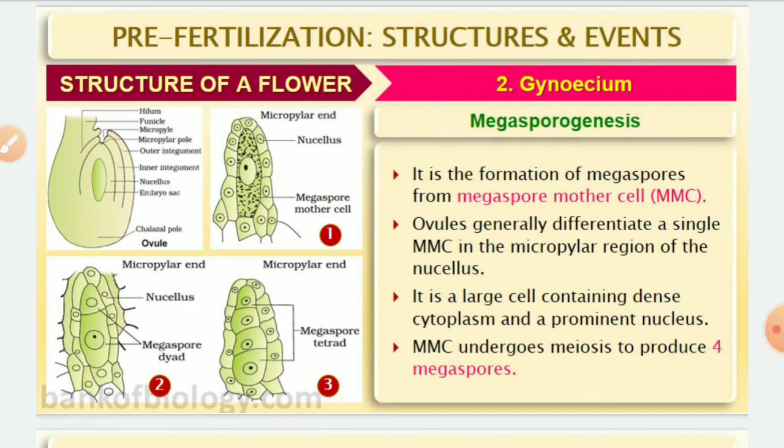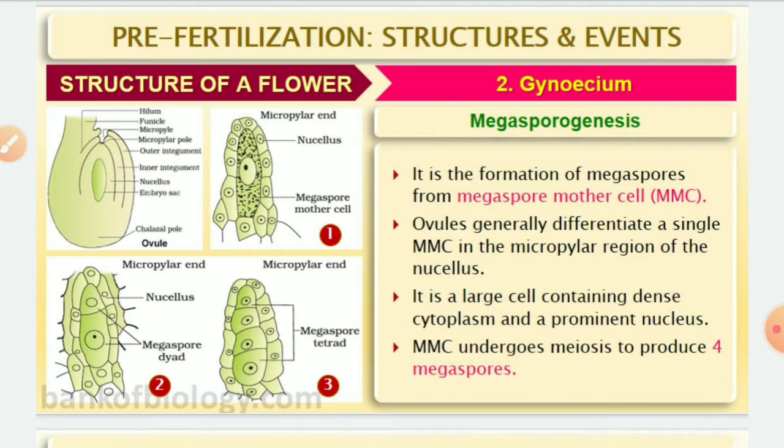Megasporogenesis is the formation of megaspores from the megaspore mother cell, leading to the development of the embryo sac. This process is known as megasporogenesis.